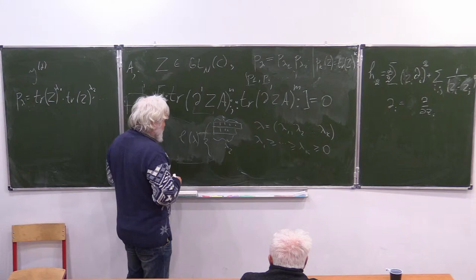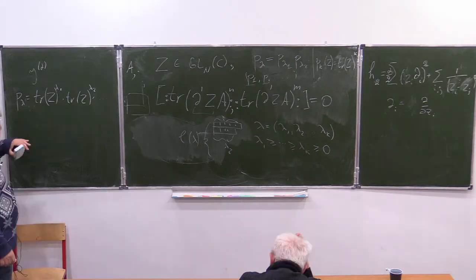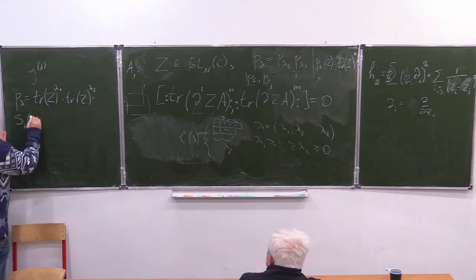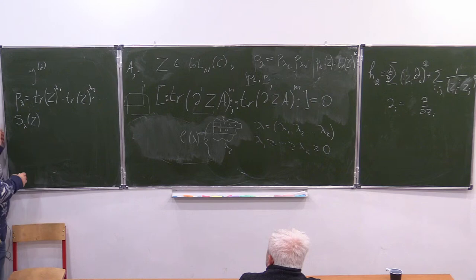So these are polynomials, which may be treated as polynomials in eigenvalues, or alternatively as polynomials in entries of these matrices. Okay? And there is another set of variables called Schur functions, very well known, or the characters of the linear group, and they are related to these variables as follows.